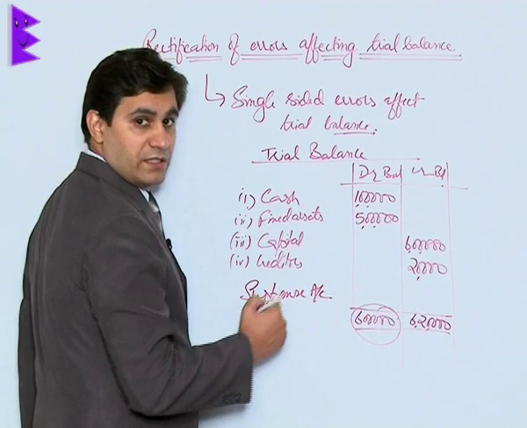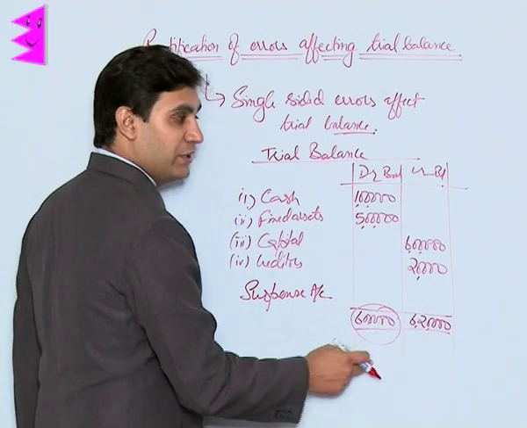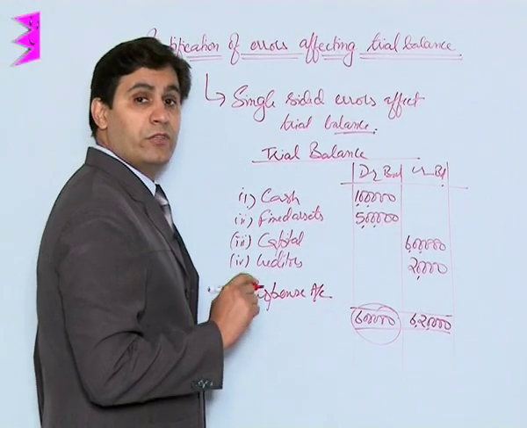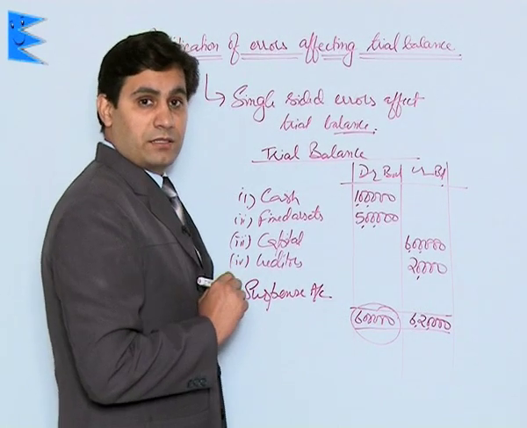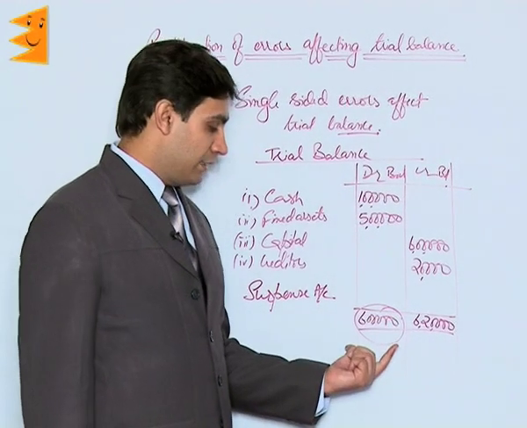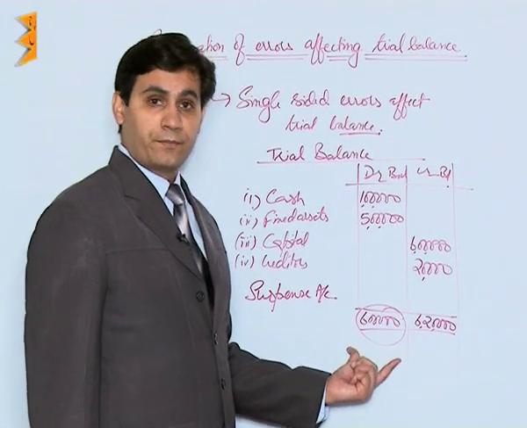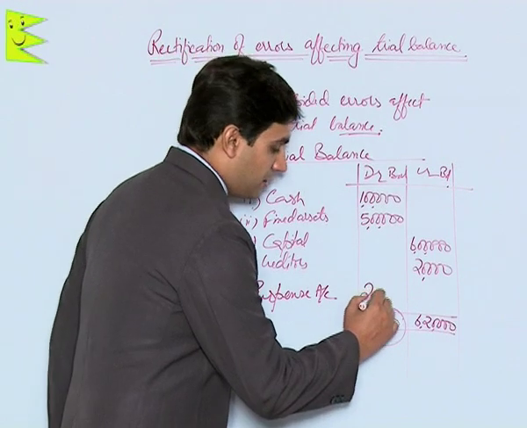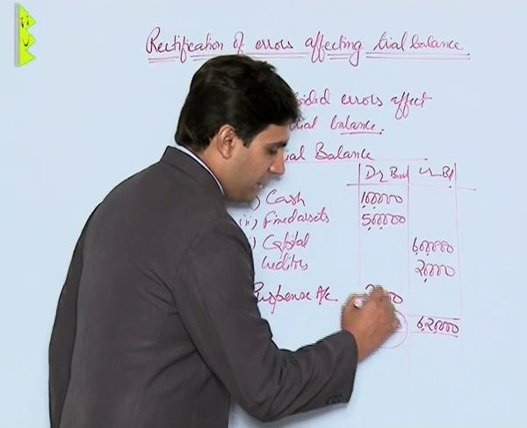and put the difference, that is in case 20,000 is the difference, on the side which is shorter balance. That is, in this case, debit side has a shorter balance of 20,000 rupees. So in this case, the suspense account would be put on the debit side.